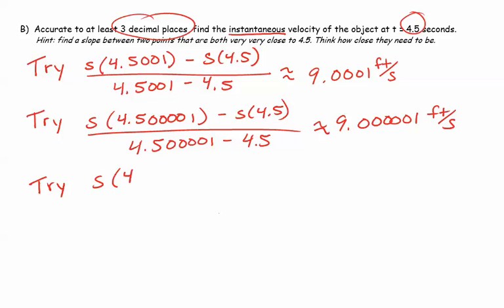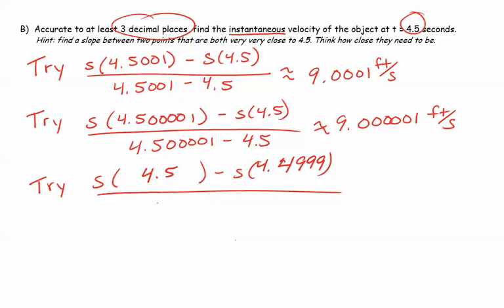So for example, could you have done 4.4999 seconds minus, and I guess I should probably turn these around, how about 4.5 and 4.4999? So there's no particular way that you have to do this, as long as you get really 2 points that are very close together.